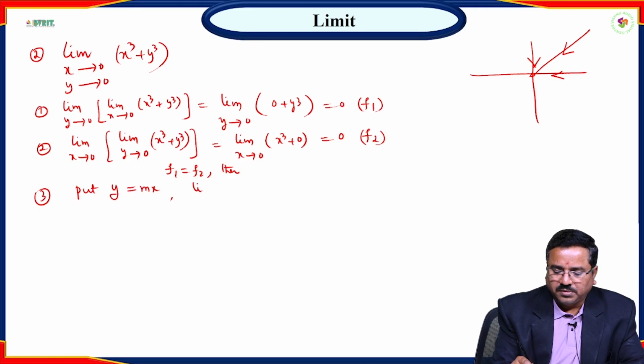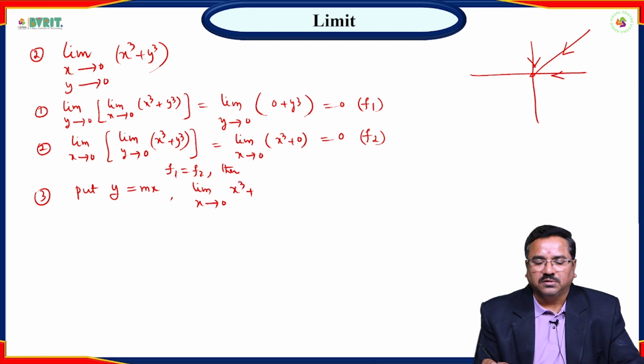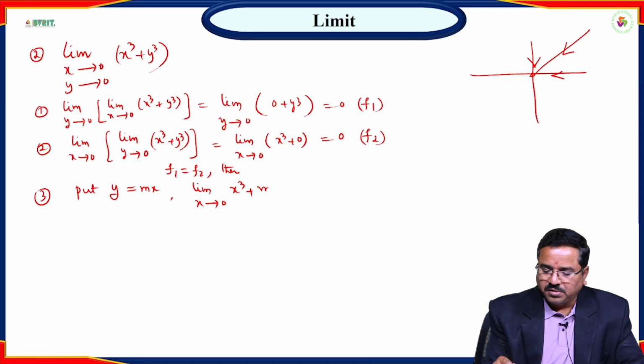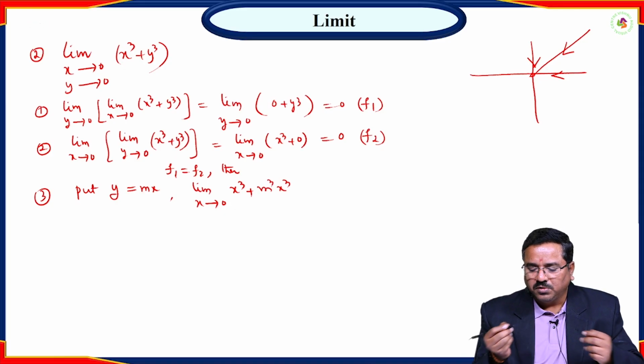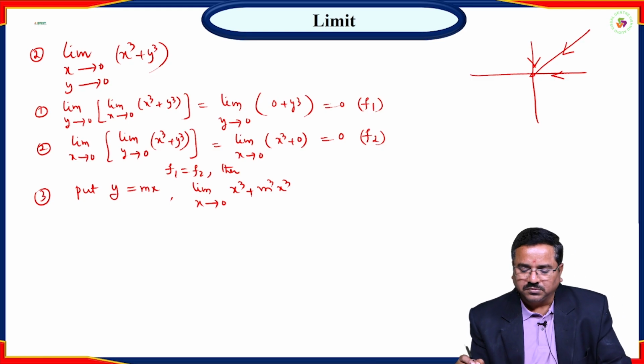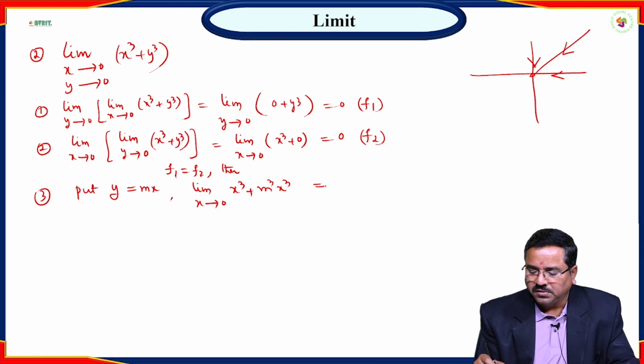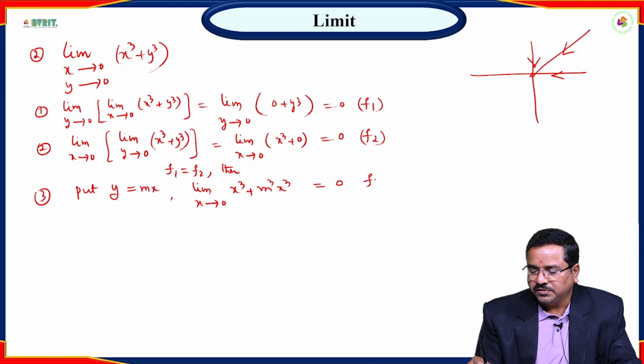So limit x tends to 0, x cube plus, in place of y I am writing mx, so this will become m cube x cube. What is the answer now? Substituting x is 0, you will get 0. So again this is the f3 answer.